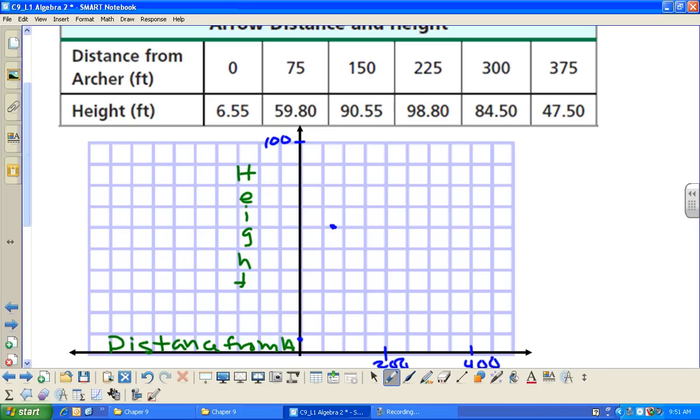So I had to make sure to put my dot in between for the x's because each box is worth 50. At 150 feet away, it's up to 90. At 225, it's about 98 or close to 100. At 300, it's close to 85.